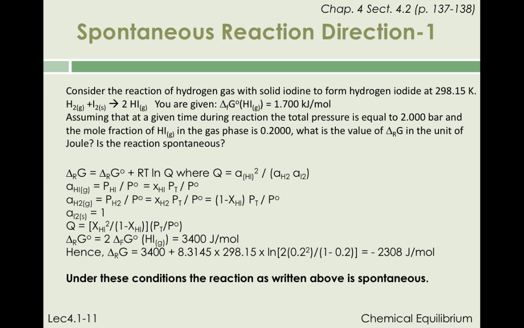Since ΔrG is negative, the reaction to form HI from H2 and I2 is proceeding spontaneously at the time the mole fraction of HI in the gas phase is 0.2.